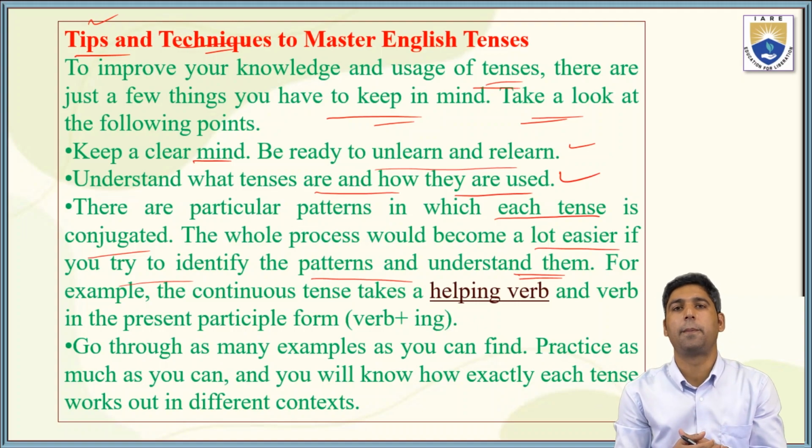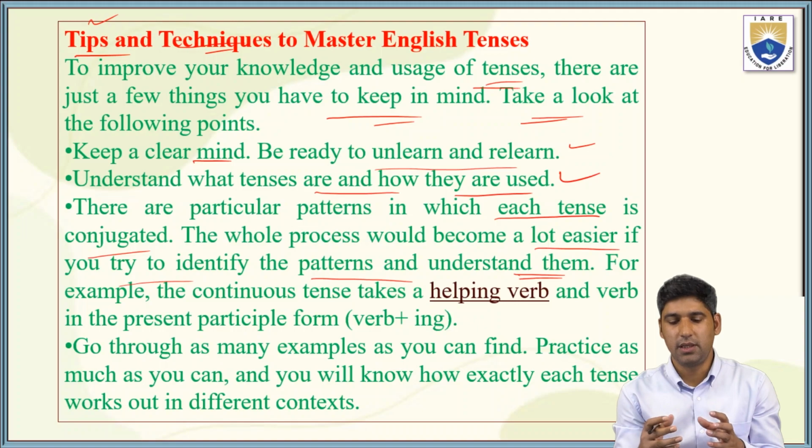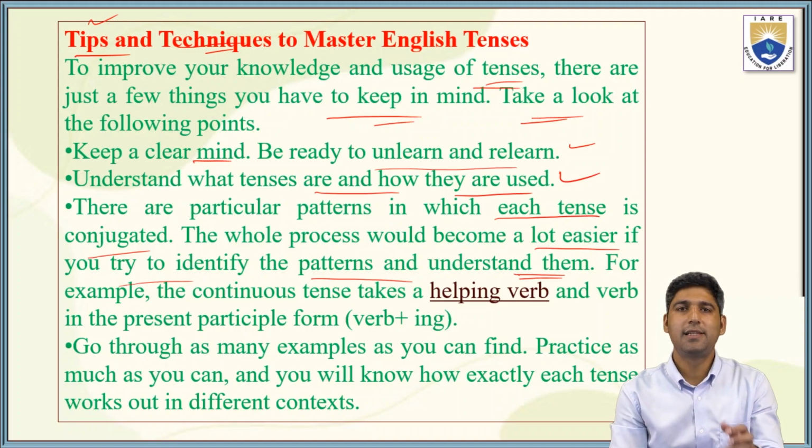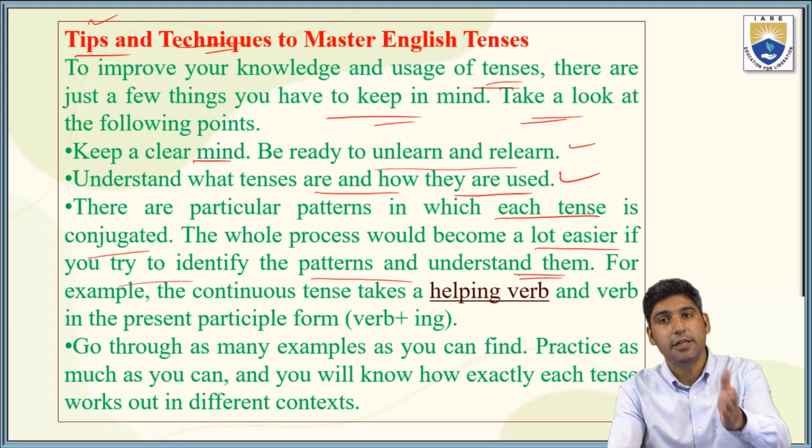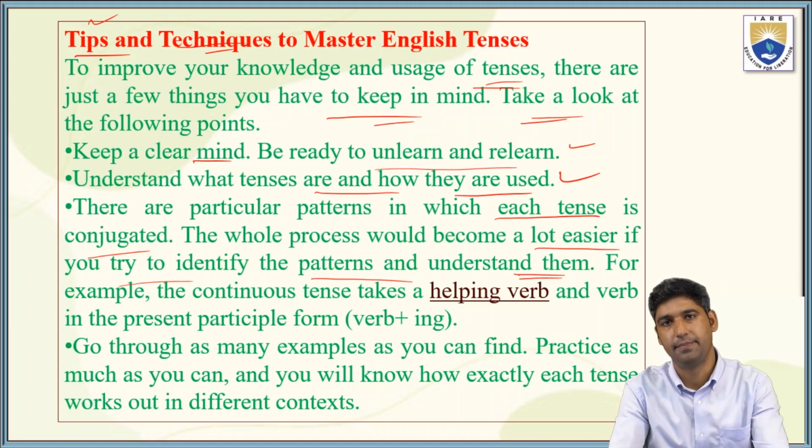When we look at how things are conjugated, sometimes it seems a complex process, sometimes a complex web. But the whole process will become easier if we try to identify the patterns and understand them.